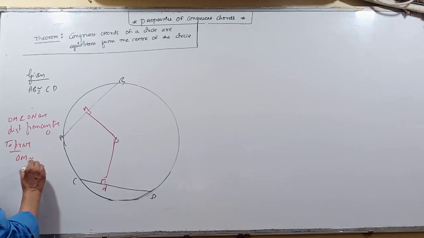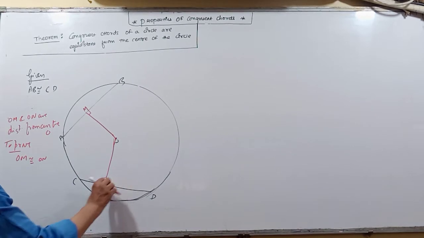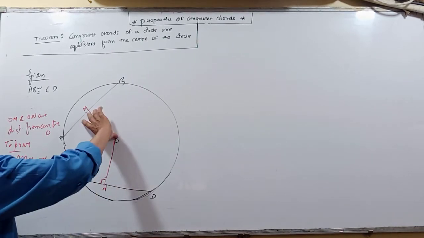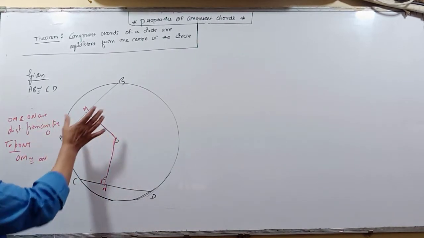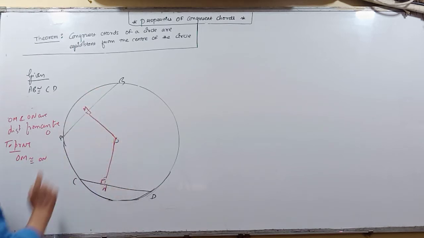OM congruent to ON. What you are given? Chord AB congruent to chord CD. We have to prove that OM is equal to ON. And the distance of this chord from the center is equal to distance of this chord from the center.